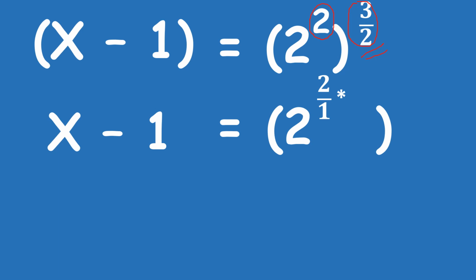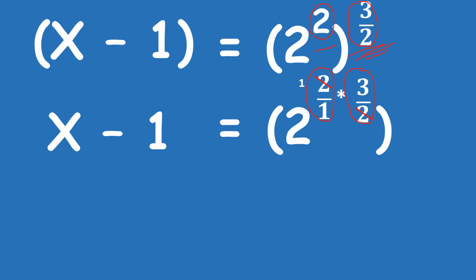What we are saying is that this exponent here, which is the same as 2/1, can multiply this exponent here, which is 3/2.